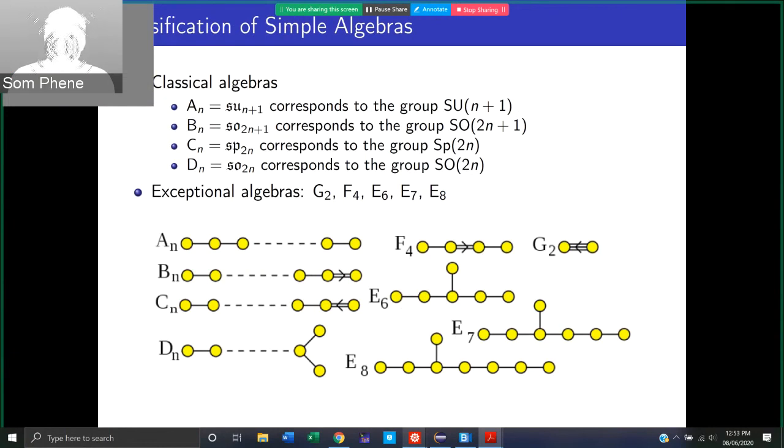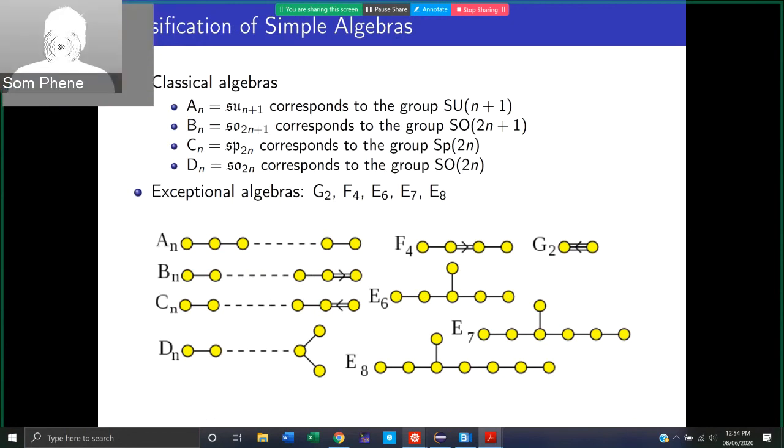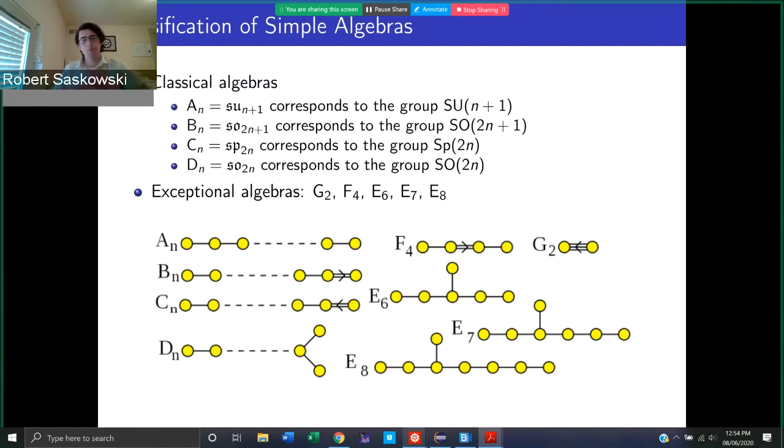I don't know why there are not any corresponding Dynkin diagrams or some peculiar features like that in the classification of Lie algebras. Or also if there's any connection between the two. I'm not entirely sure.